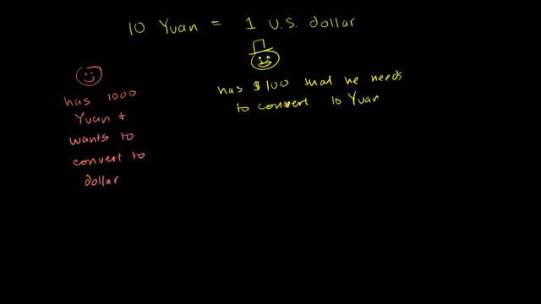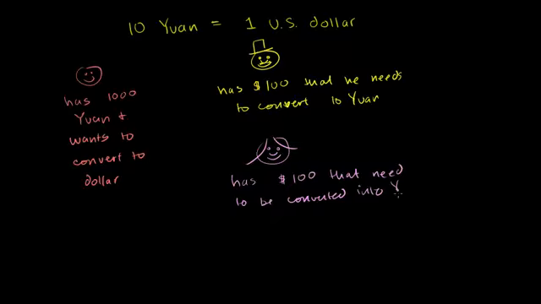And let's say that there's another character over here, and she also has $100 that needs to be converted into yuan. So net, what's happening here? What's the total demand to convert yuan into dollars and dollars into yuan?